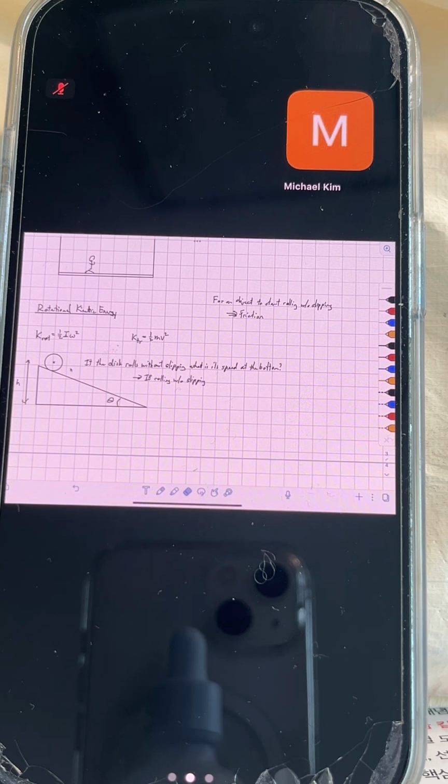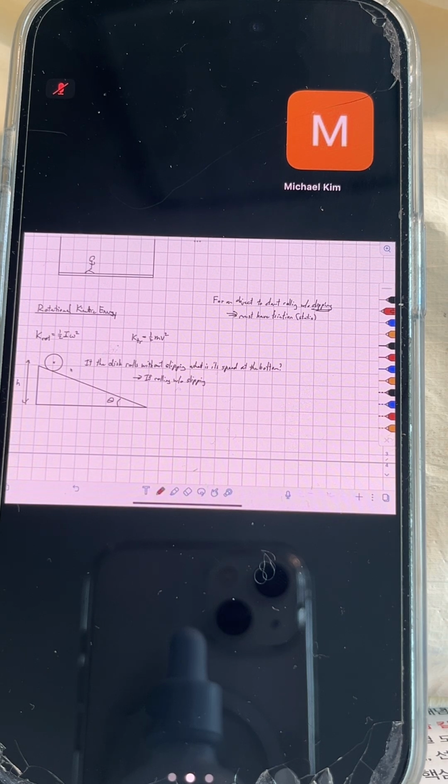Must have friction. And in particular, since we're rolling without slipping, we know that it has to be static friction.